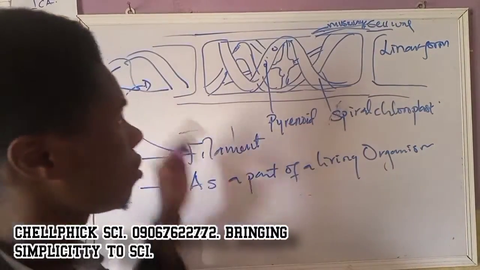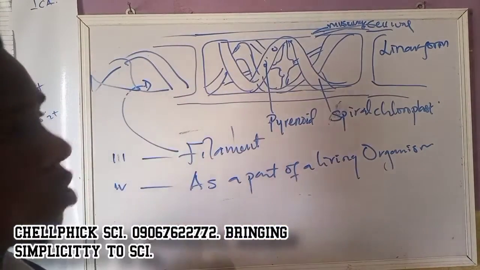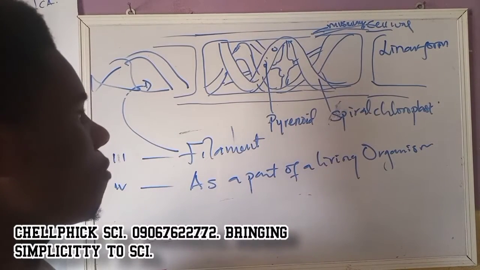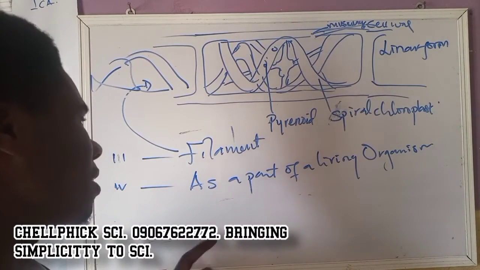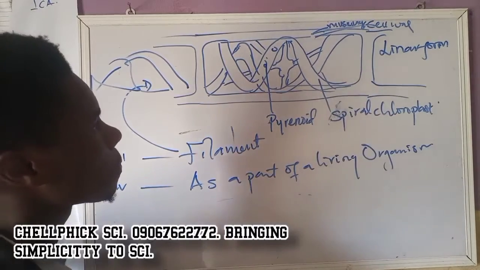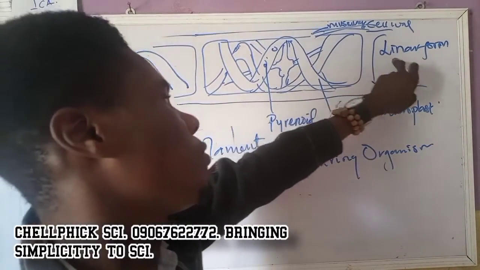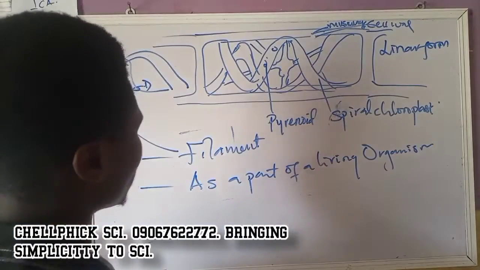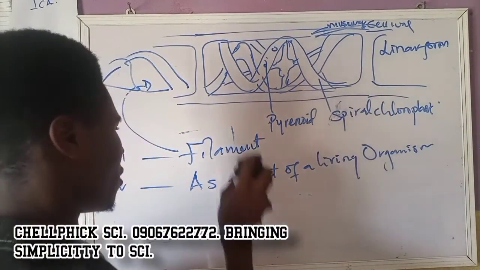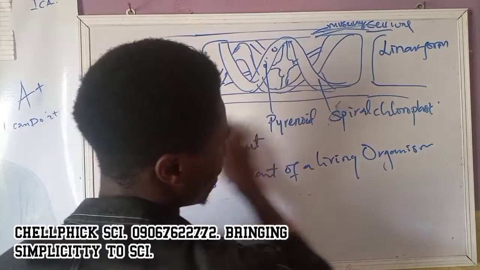For example, in 2014, the same question was asked: forms by which cells live and one example each. In a filament, they are joined together to form a linear aggregate, while in a colony, they combine together to form a mass.